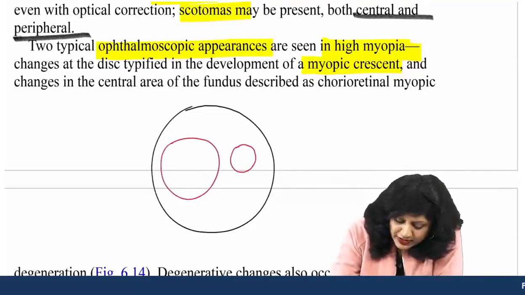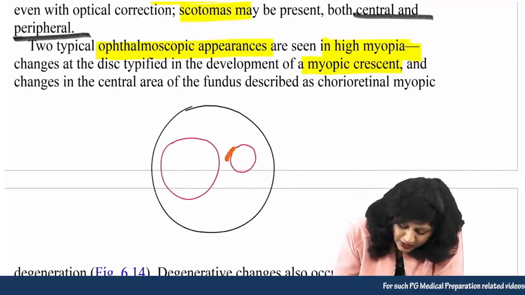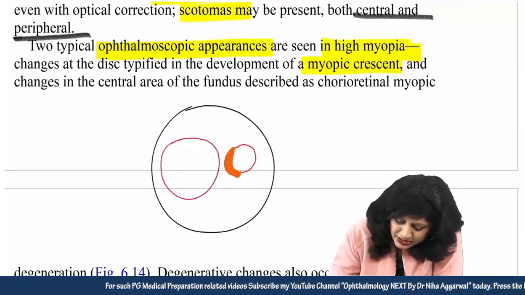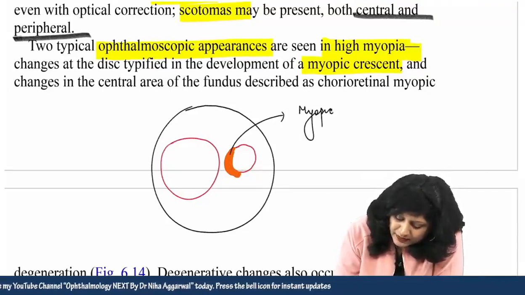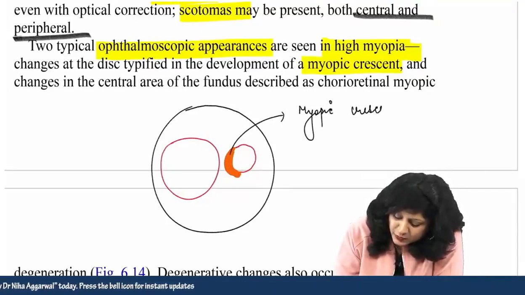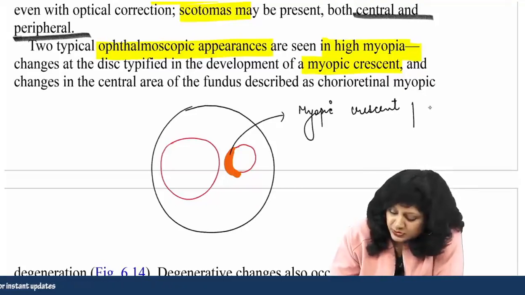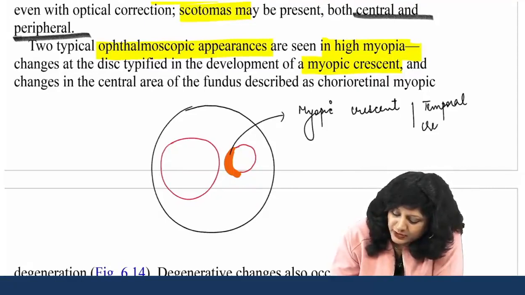Towards the macula you have a crescent shaped degeneration. This crescent shaped degeneration is called the myopic crescent, and because it is towards the macula, it is also called the temporal crescent.